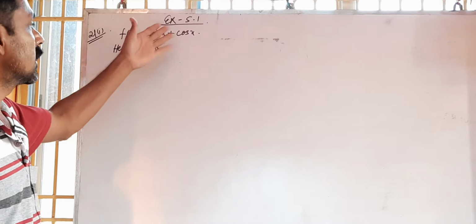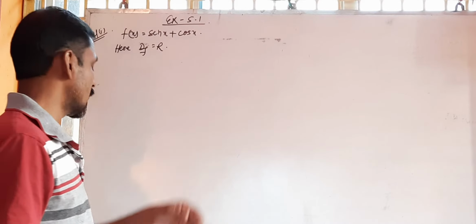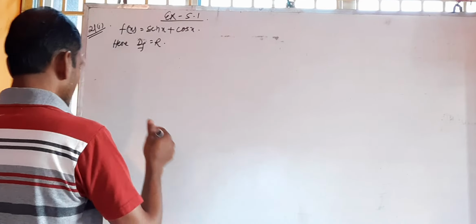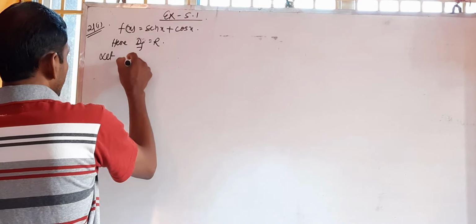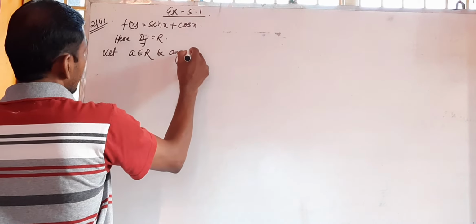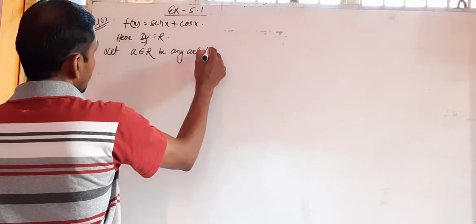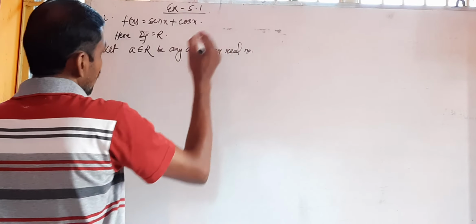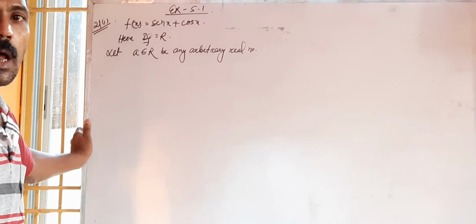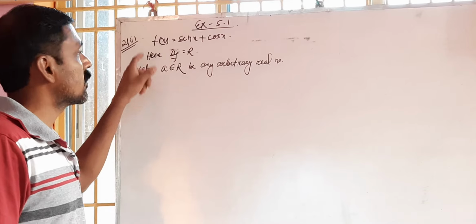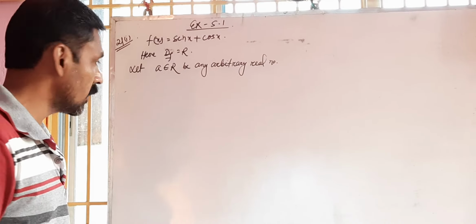Sin x domain is real, cos x domain is also real. Okay, so here we write let a belong to R, an arbitrary real number. Now if we can say that limit of f of x as x tends to a is equal to f of a, then it will be continuous.